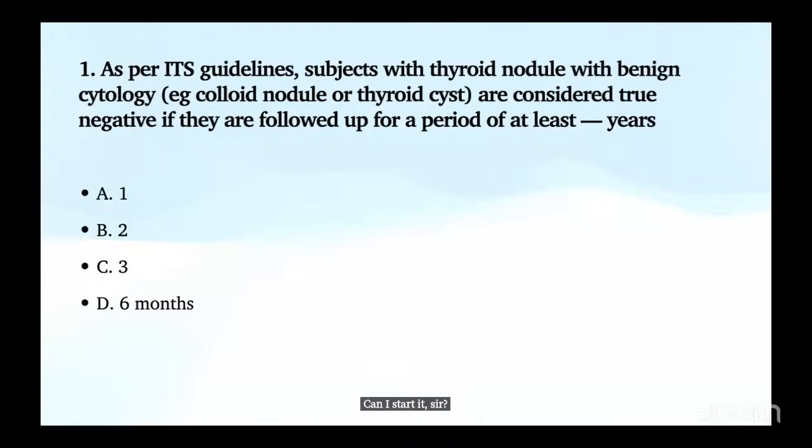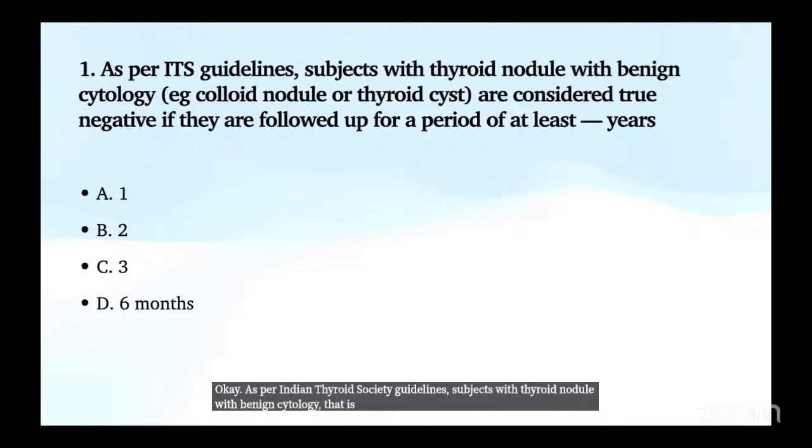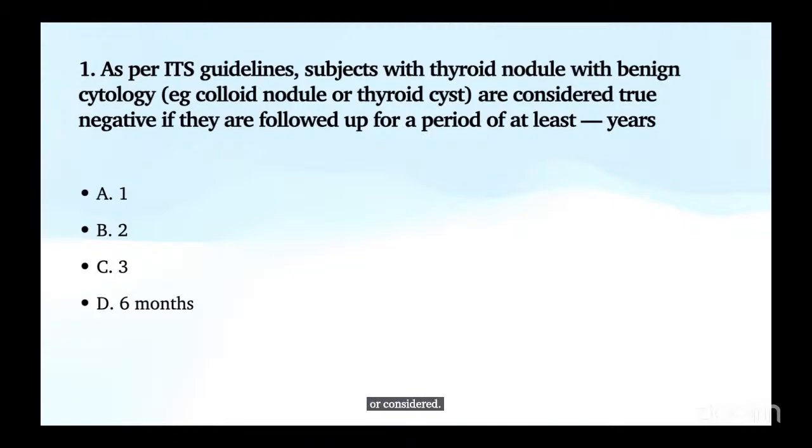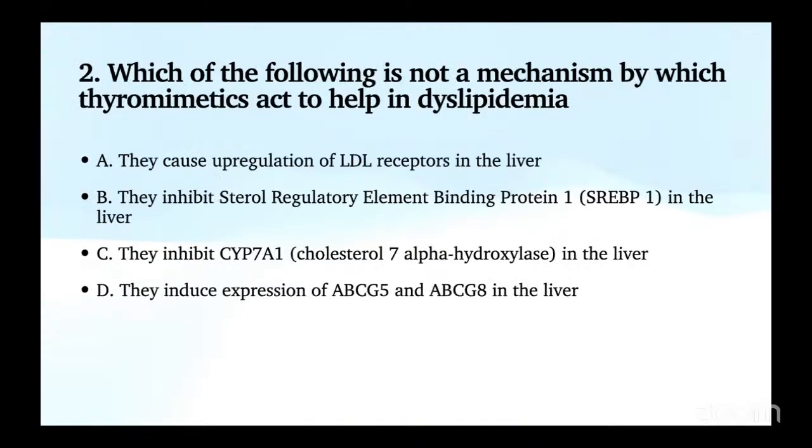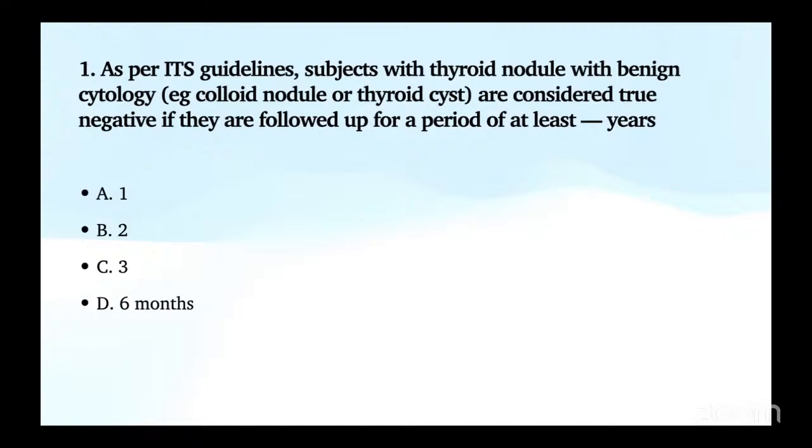Yes, ma'am. Question 1. As per Indian Thyroid Society guidelines, subjects with thyroid nodule with benign cytology, that is colloid nodule or thyroid cyst, are considered true negative if they are followed up for a period of at least dash years.